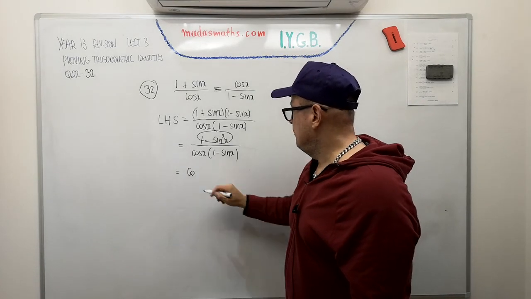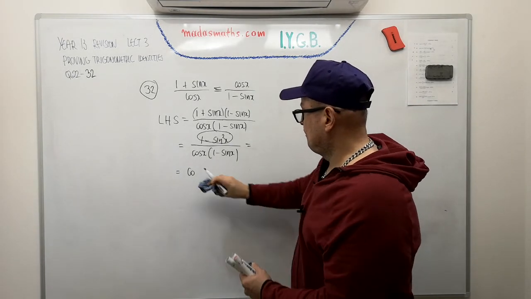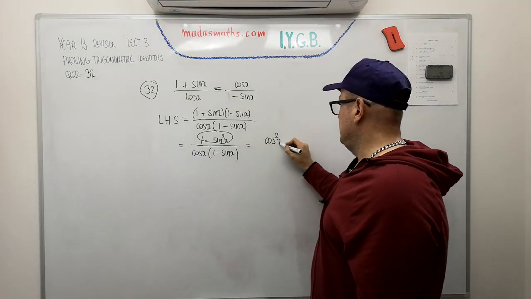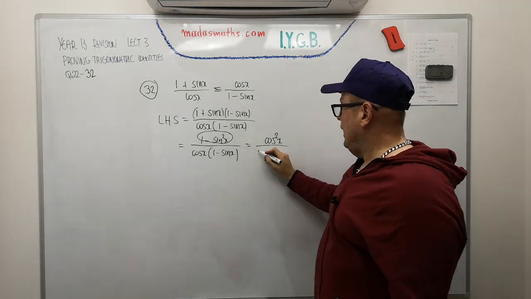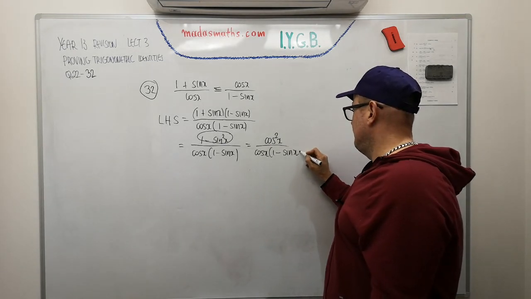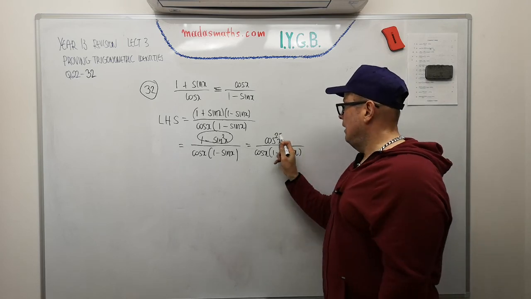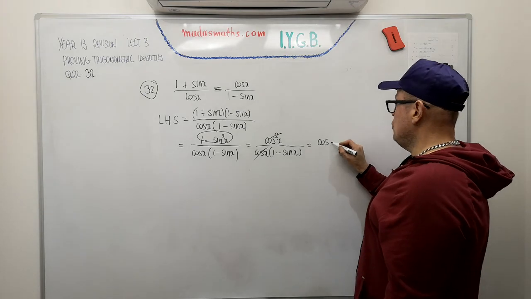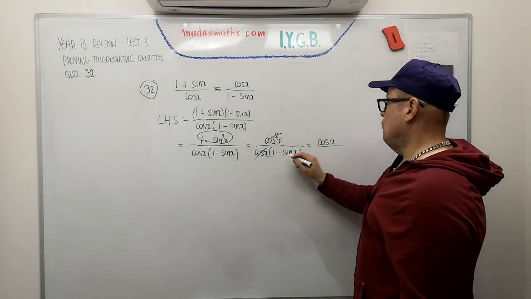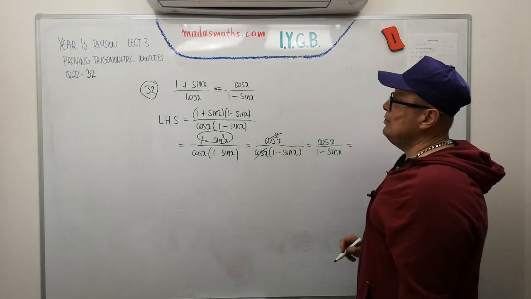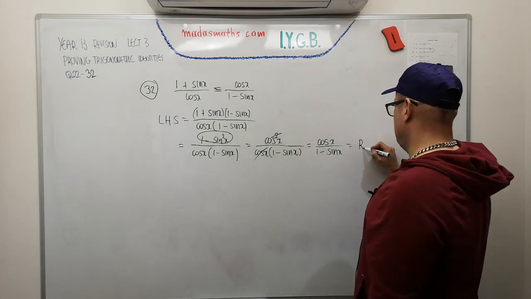So that's equal to cos squared of x, the numerator, over cos x times (1 minus the sine of x). I can cancel the square, so this leaves me with the cos of x on the numerator over 1 minus the sine of x on the denominator, which of course is just the right hand side.